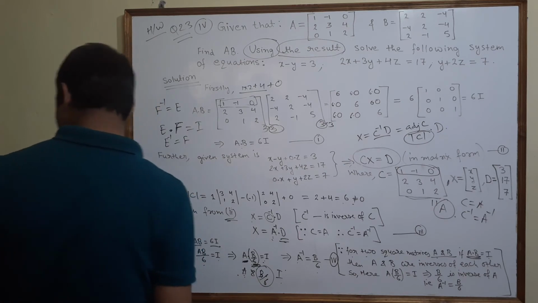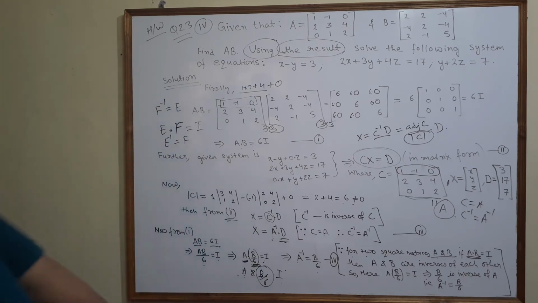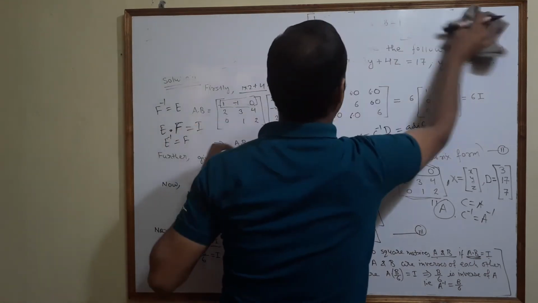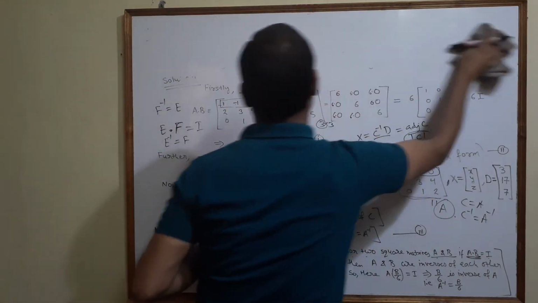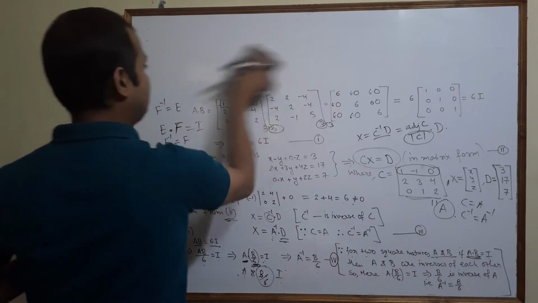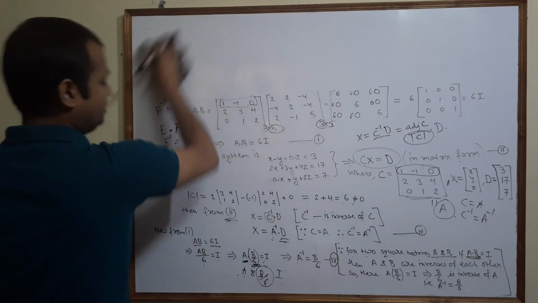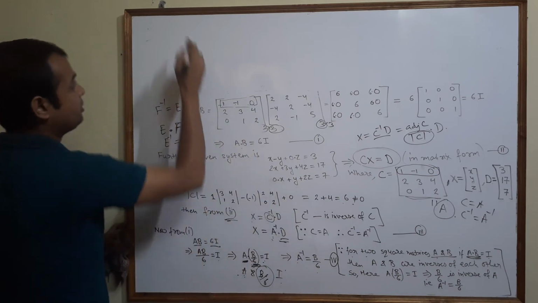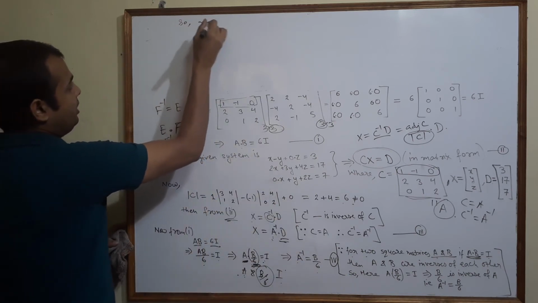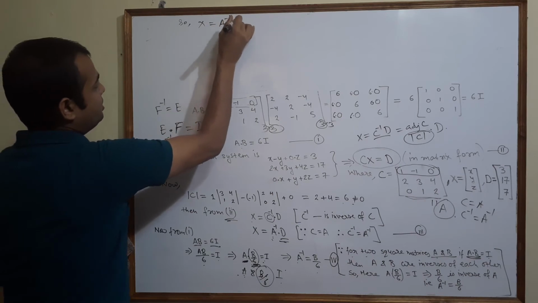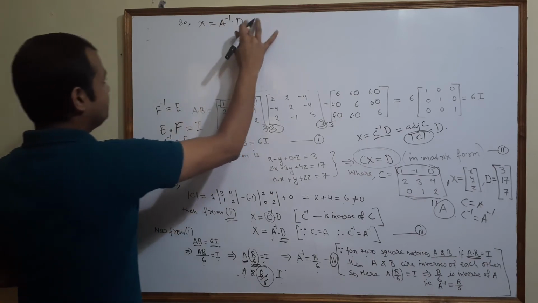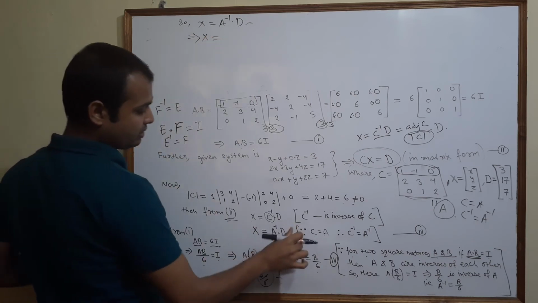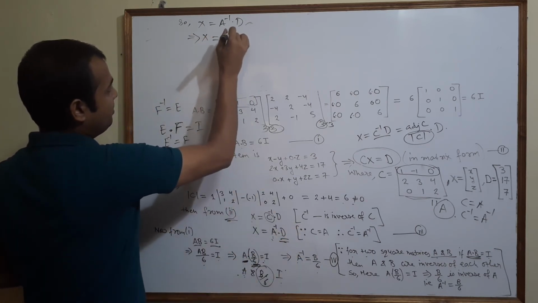So let us see the value of x. From here, x equal to A inverse D implies x is equal to, now in place of A inverse what we can write?